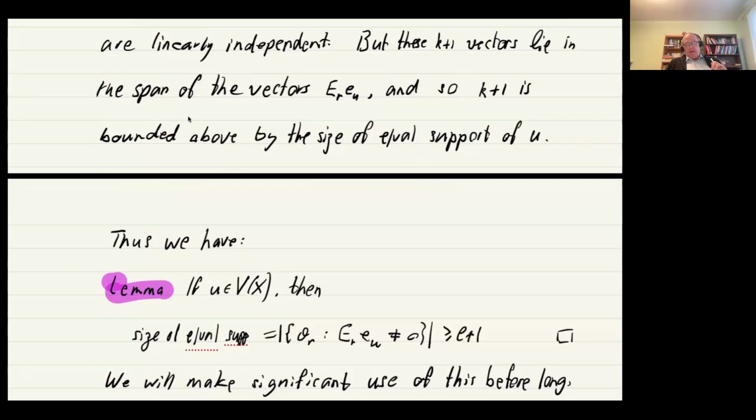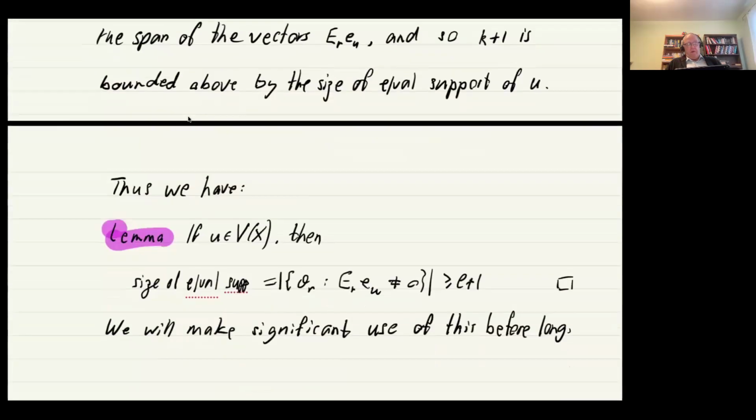So what's going to happen is if the eigenvalue support is small, then most of the vertices are close to that vertex. And so that means if the graph is k-regular and the eigenvalue support is not big, then the number of vertices of the graph is something like k to the eccentricity, or k to the twice eccentricity, doesn't matter, but it's going to bound the size of the graph.